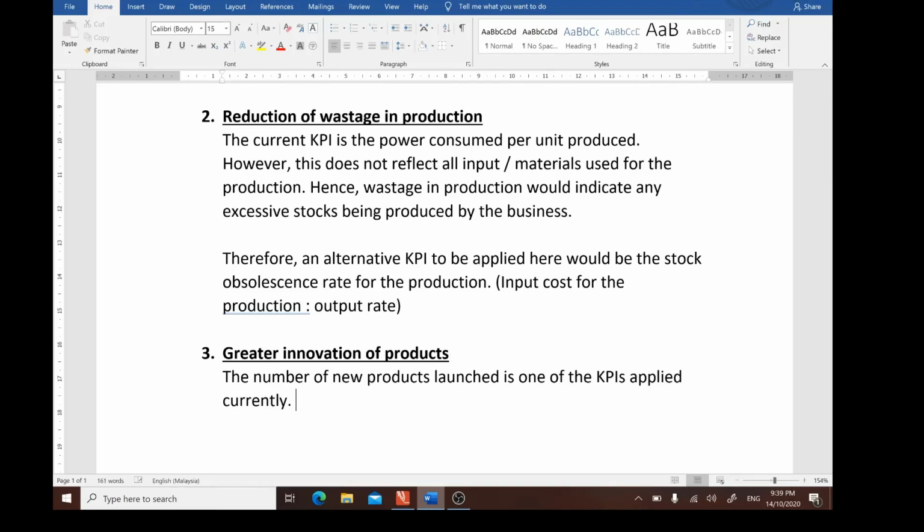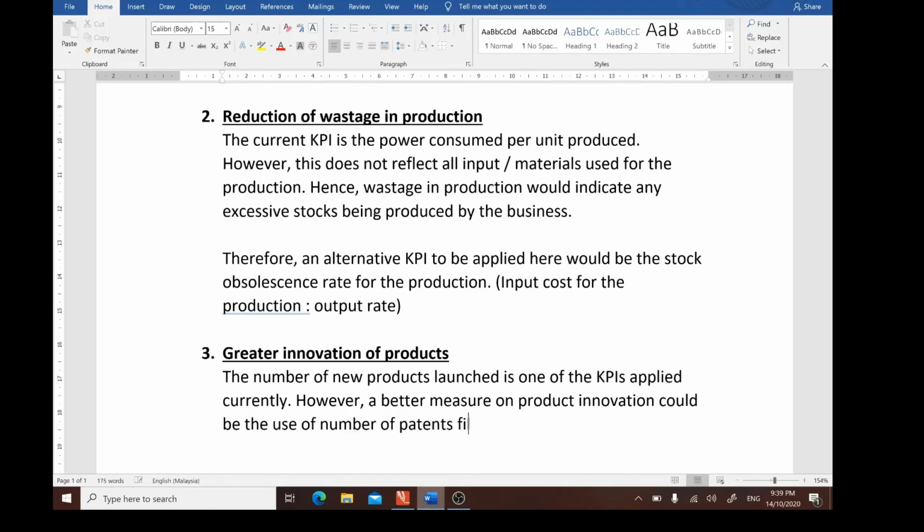However, a better measure on product innovation could be the number of patents filed per year.